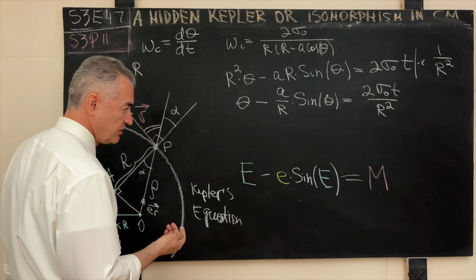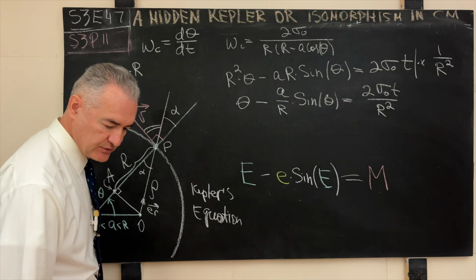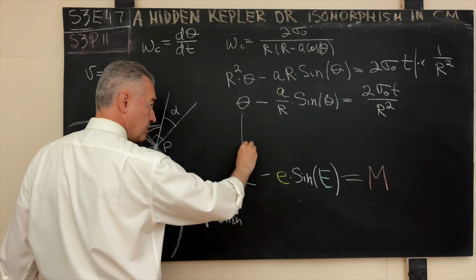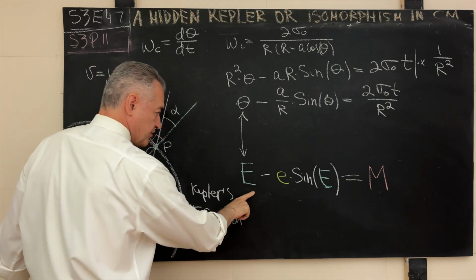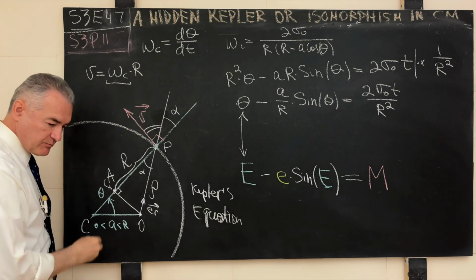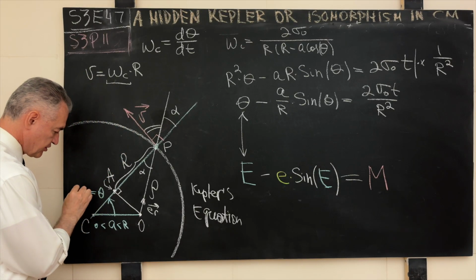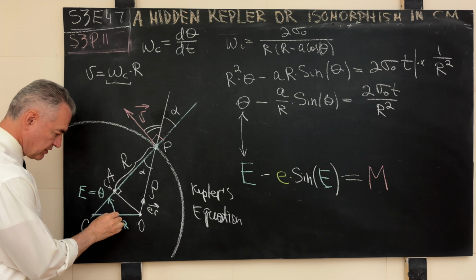But look at this now. If we correlate our angle theta to eccentric anomaly, and this is precisely what in celestial mechanics is called eccentric anomaly, this angle right here.